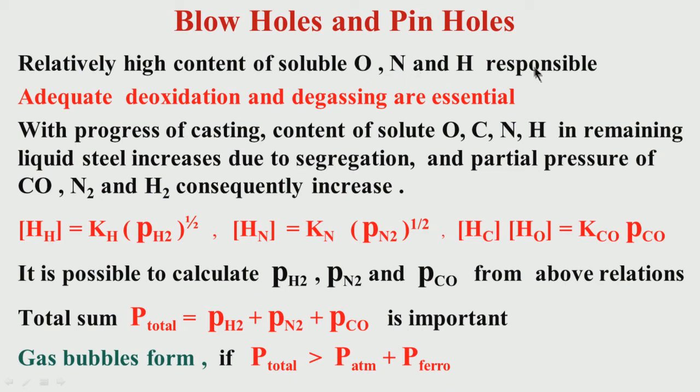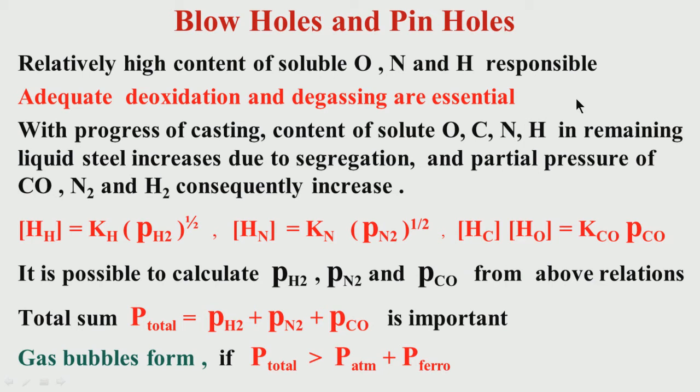These three elements have to be properly controlled in liquid steel before you cast, otherwise you will have blowholes and pinholes. So, what is important is adequate deoxidation and degassing. Oxygen you control through deoxidation, and nitrogen and hydrogen you can control through degassing. This I have discussed earlier when I discussed how to control all these elements in steel in secondary refining. So, adequate deoxidation and degassing are essential.